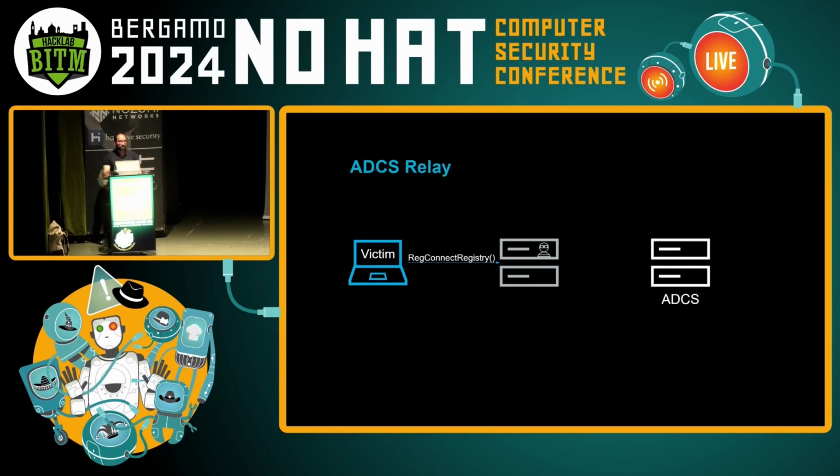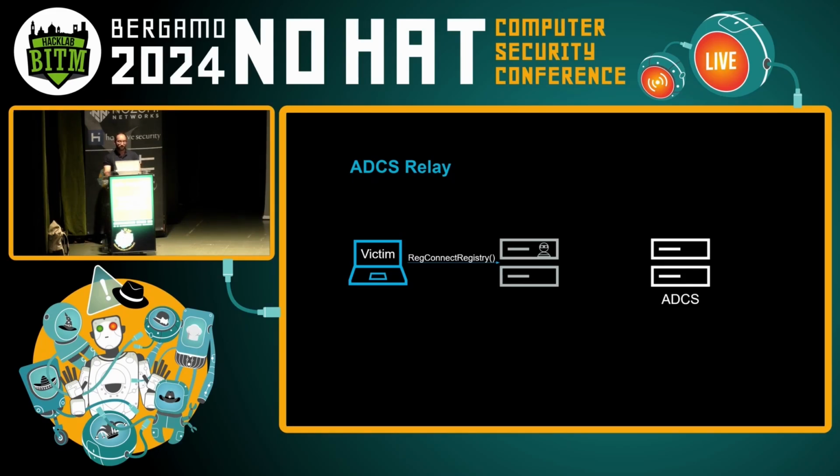What we're interested in is its web enrollment service. It's basically like an HTTP portal that you can use to authenticate against and get a certificate. And on some configurations, the default configuration, it allows for insecure authentication. So it's a very common escalation target in the domain. And that's what we're going to do.